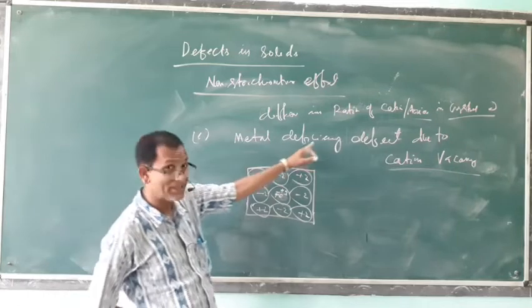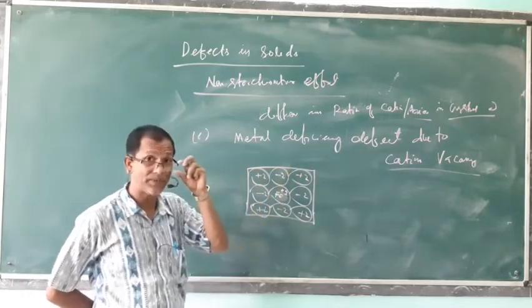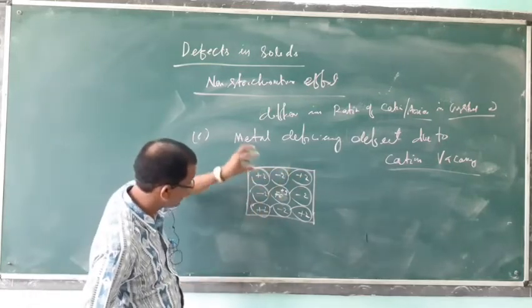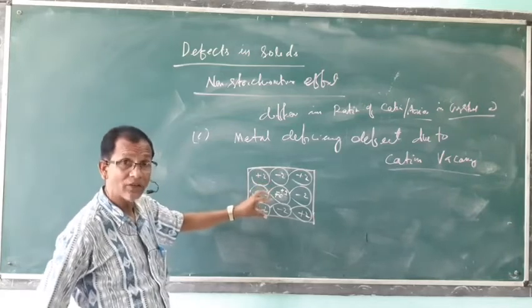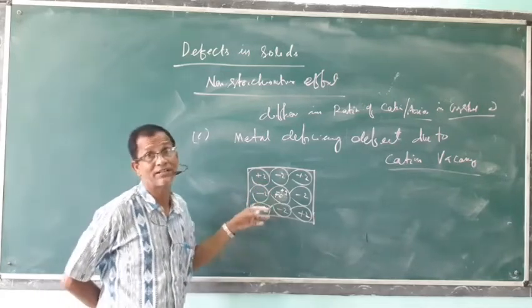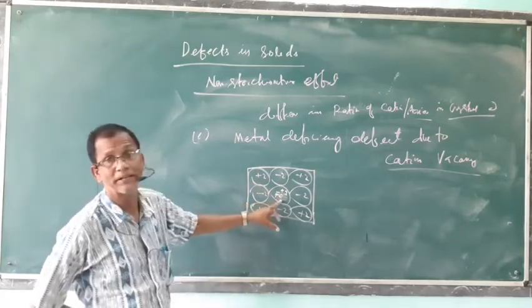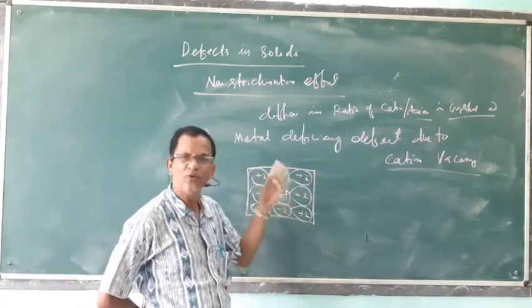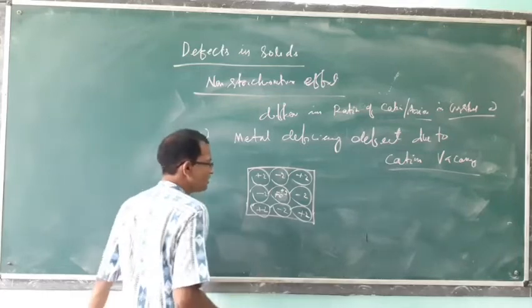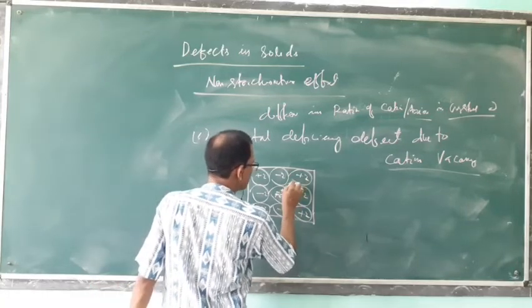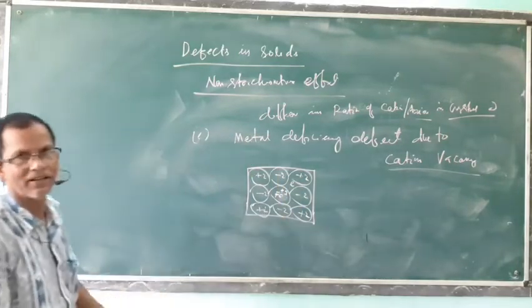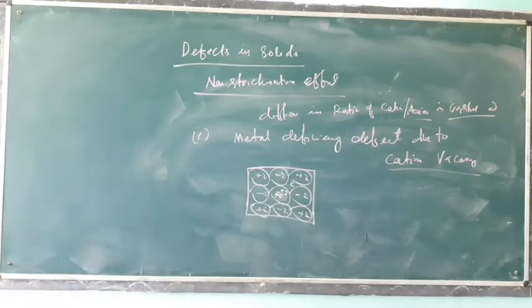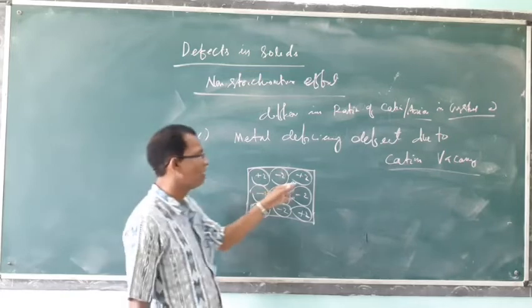So why is it called metal deficiency? The particular ion will not be available in the crystal. Ferrous converts to ferric, +3. When it converts to +3, it loses an electron, and that electron occupies the neighboring sites.